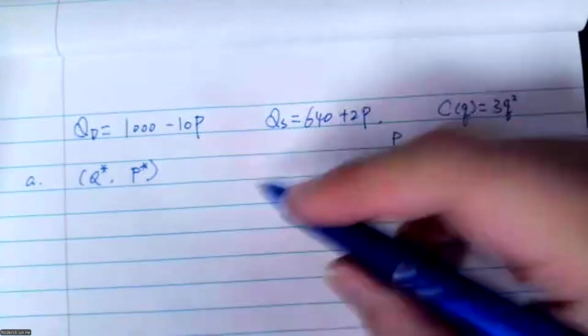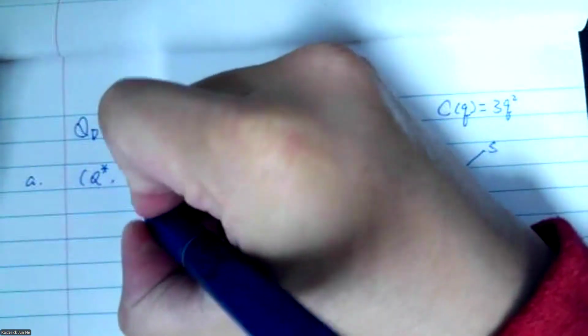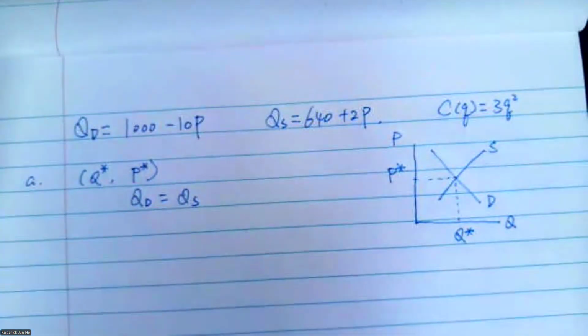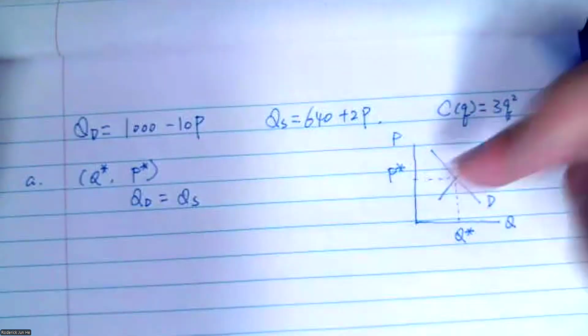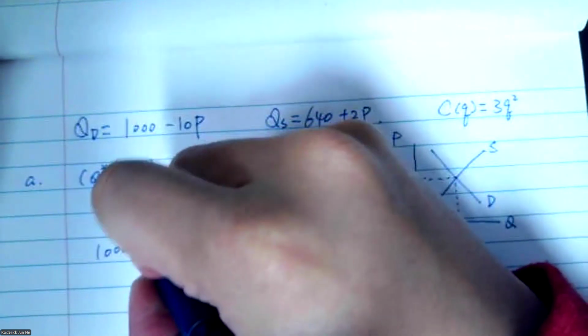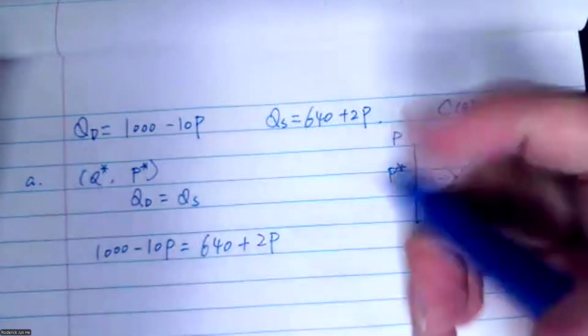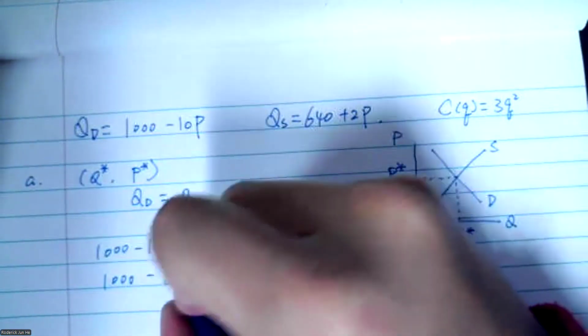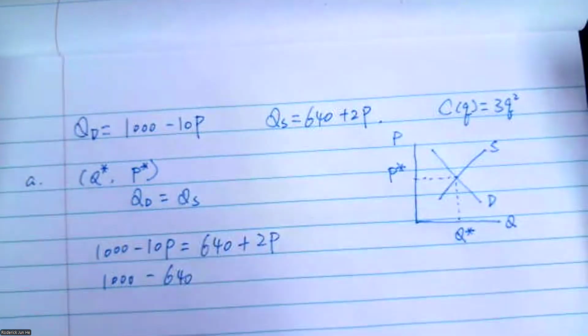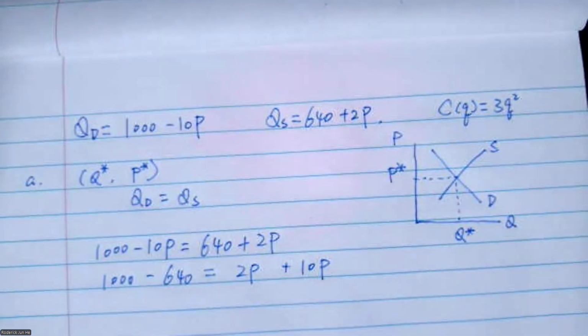First, we have to solve the system of equations, and this is pretty straightforward. Quantity demanded equals quantity supplied. The market clears, and that is when the market equilibrium stands. So 1,000 minus 10p equals 640 plus 2p. Then we move things around: 640 moves to the left, change the sign, and 2p and minus 10p move to the right-hand side, change the sign.